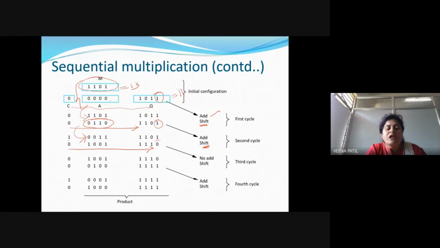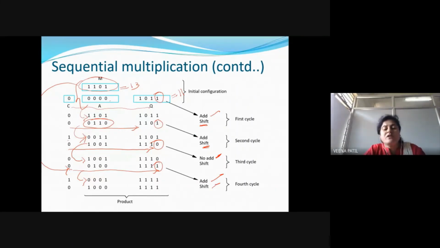Now, if the Q naught value is equal to 0, no addition has to be performed, only shift. So when there is no addition, the same sequence of steps is repeated and only shift is performed without any addition. Again, the Q naught value will be checked. If it is equal to 1, addition will be performed, adding the M value with A. So add these two values, store back the answer in A and perform shift.